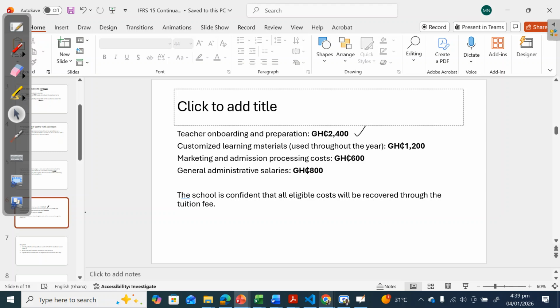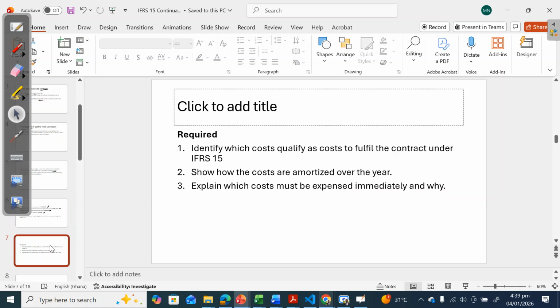That's 2,400. Customized learning materials, 1,200. Marketing and admission processing costs, 600. General and administrative salaries, 800 cedis. The school is confident that all eligible costs will be recovered through the tuition fee. So they know that all the costs they have incurred, they will get it back from the tuition fee.